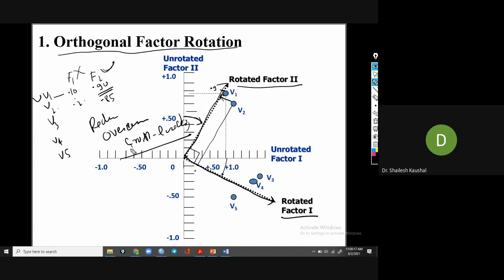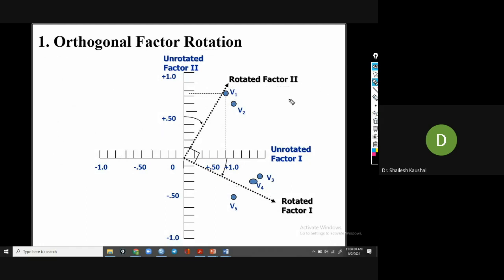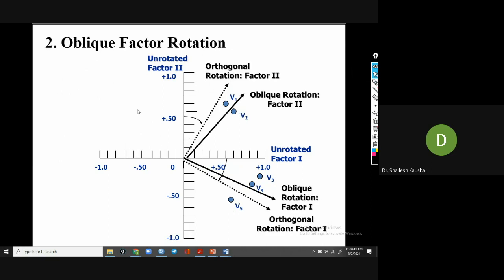Cross loading means one variable, v1, gives a high value on both factor 1 and factor 2. By using this orthogonal factor rotation, we can overcome the cross loading problem. This is another way to reduce the cross loading value.